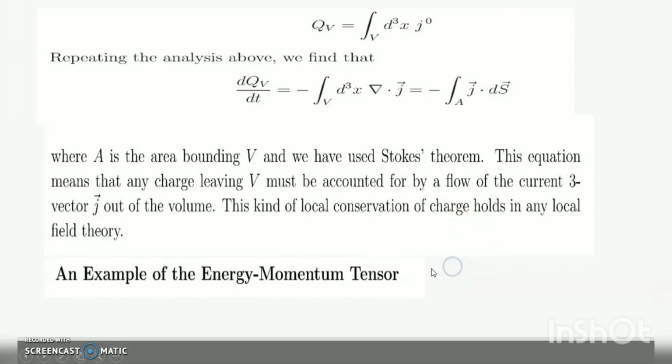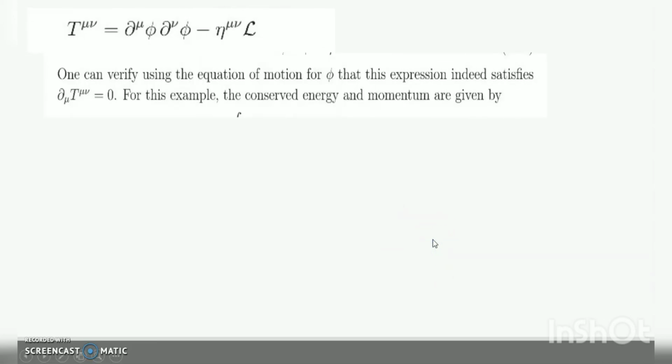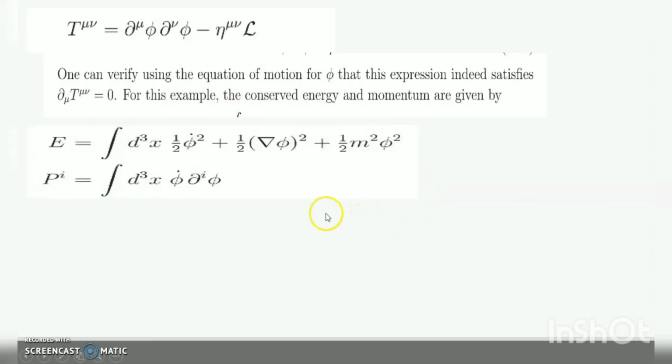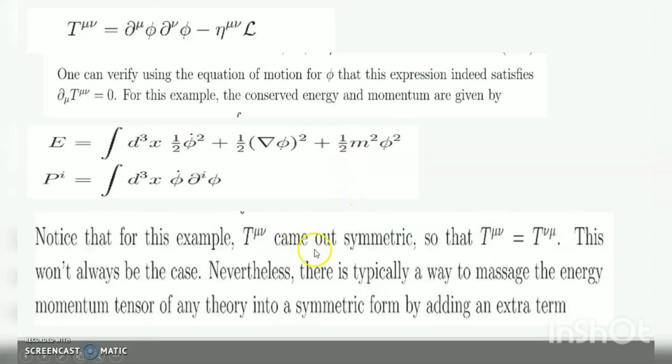Another example is the energy momentum tensor, T^mu nu. This is the equation, and this is the energy given by this formula. We have del_mu T^mu nu equal to 0, the conservation of energy and momentum. This is the energy, and T^mu nu does not come out symmetric.